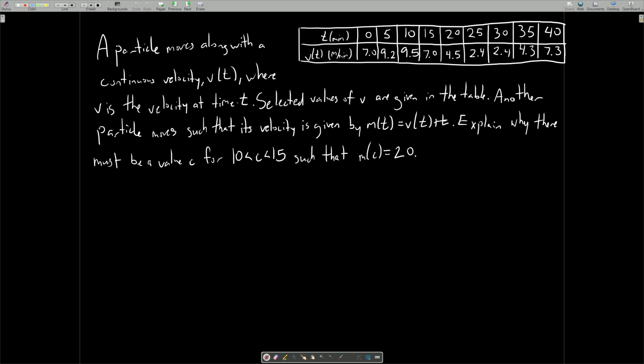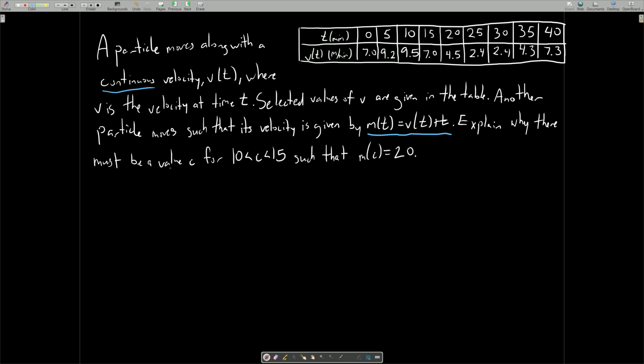Now we have a table, and a particle moves along with a continuous velocity, v of t, where v is the velocity at time t. Selected values of v are given in the table. Another particle moves such that its velocity is given by m of t equals v of t plus t.